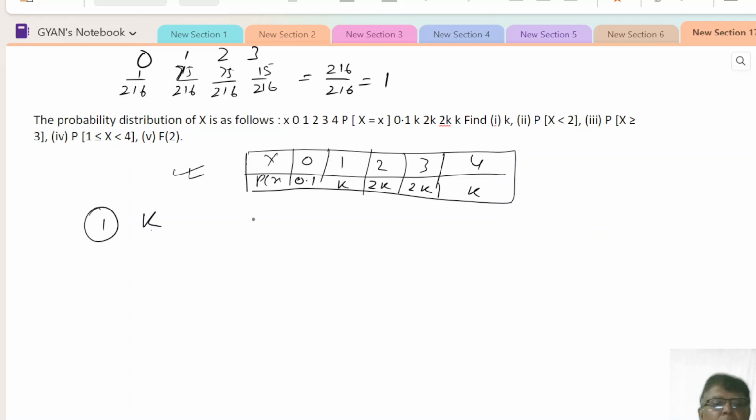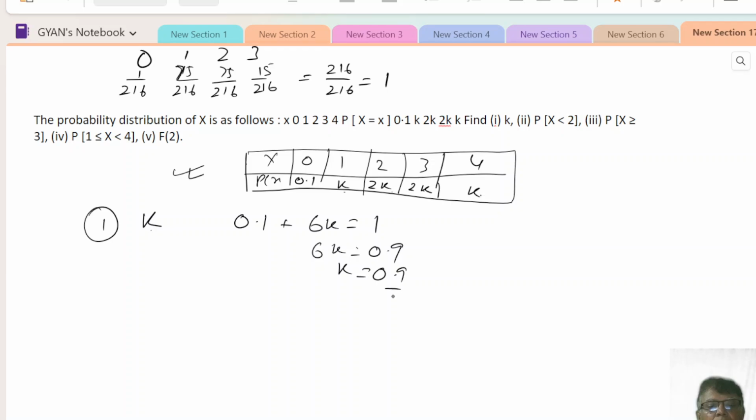This all should be equal to 1. That means 0.1 plus k, 2k, 3k, plus 5k, that is 6k... so 6k will be 1, so 6k is equal to 0.9.